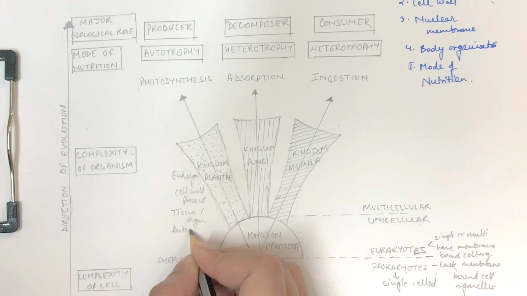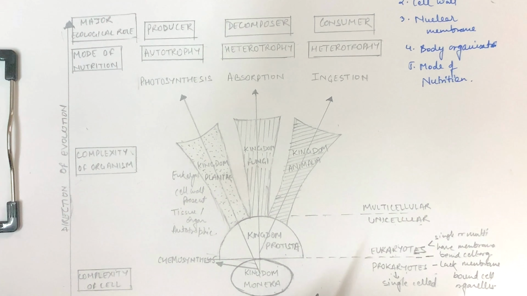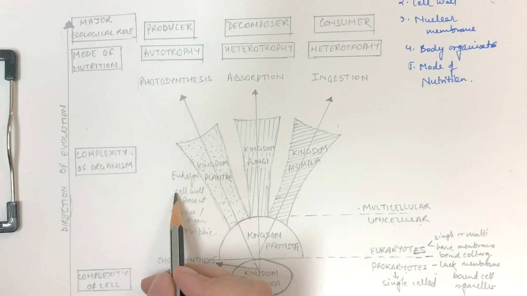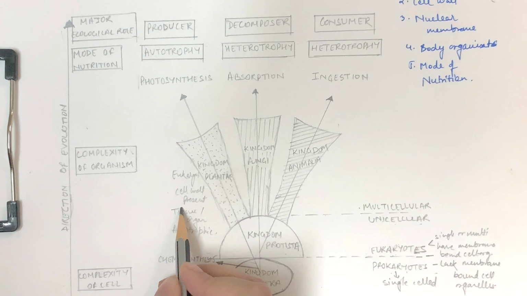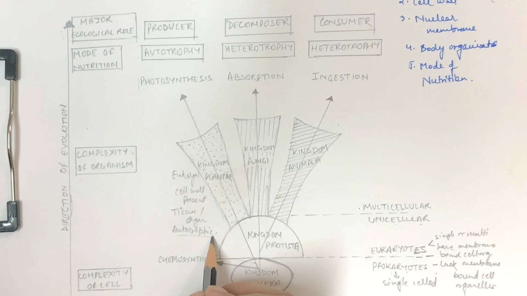They are completely autotrophic, so they prepare their own food. Okay. So plants are eukaryotes and multicellular. Then cell wall is present. They have tissues or organs, and they are autotrophic.